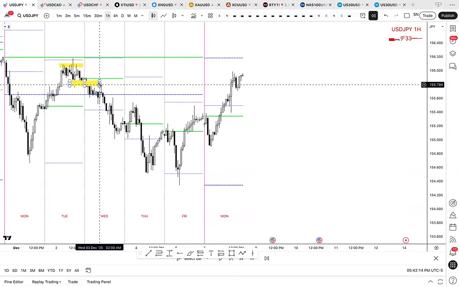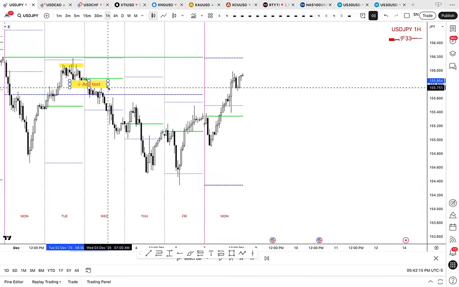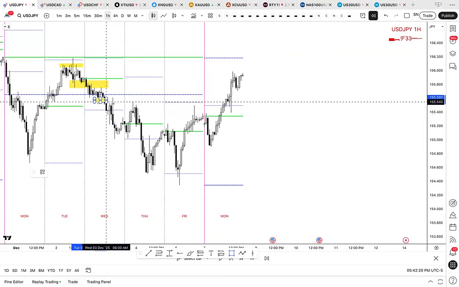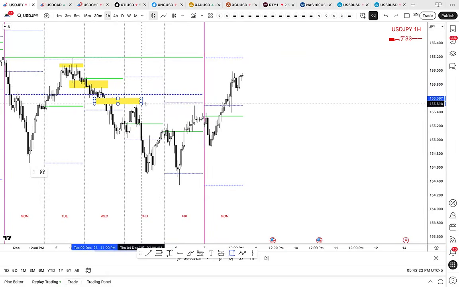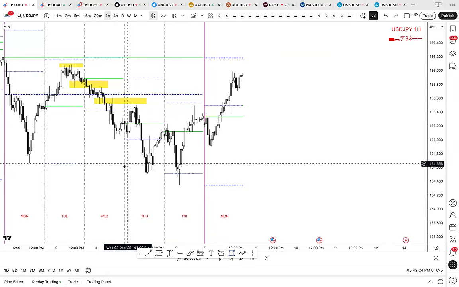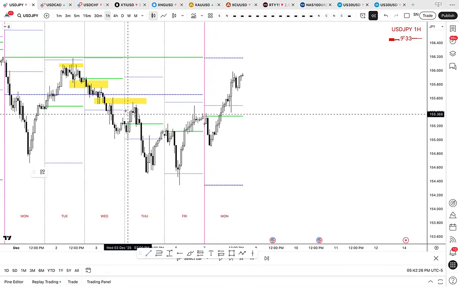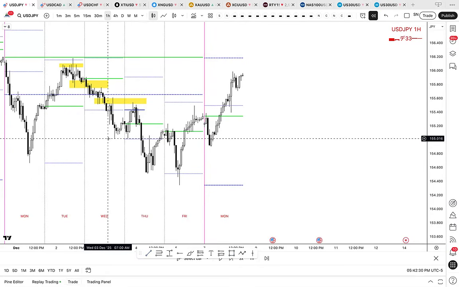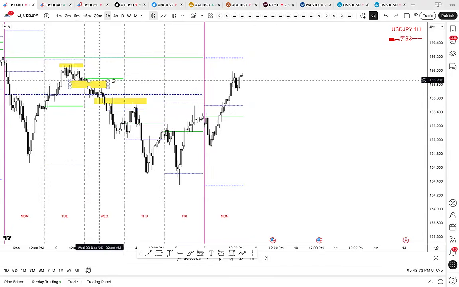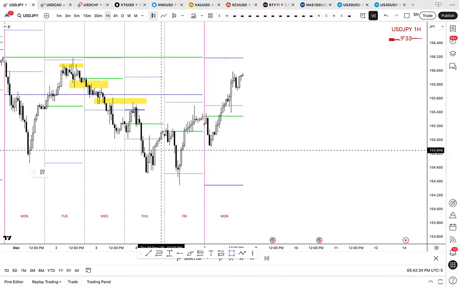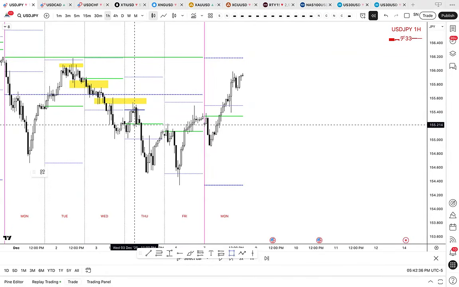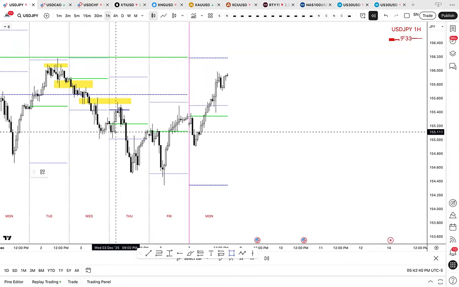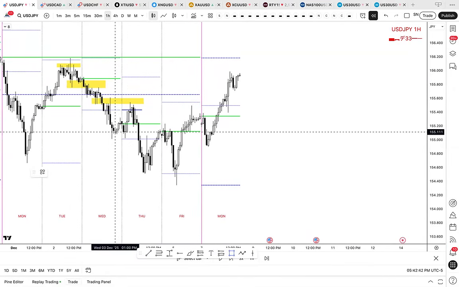And then they break out and pull back for continuation. Look where these levels or zones or areas are at or near. They break out, they pull back. They break out, they pull back again. So here to the left, Wednesday's low.